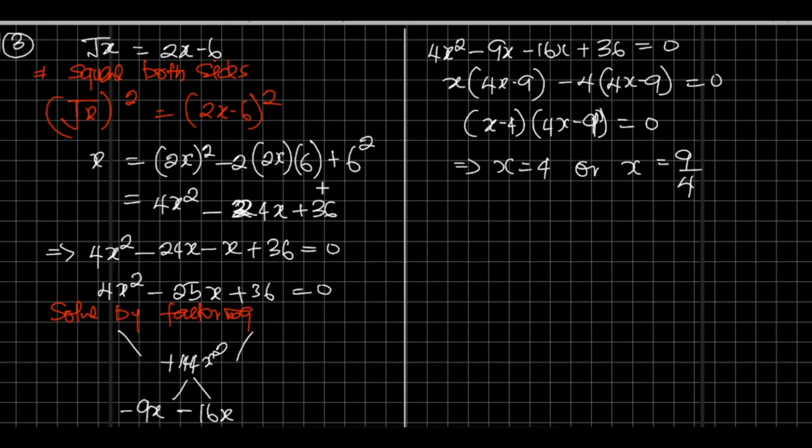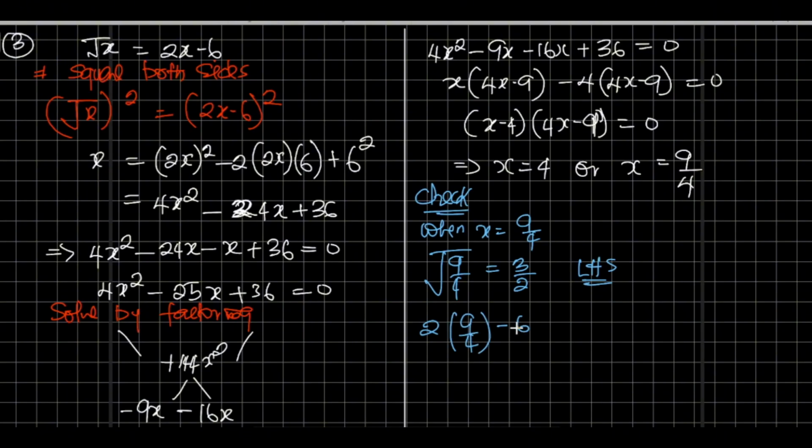Okay, so if we check, it is very important that you check because not all the solutions will satisfy the condition. So let's check. For when x equals 9 over 4, if we substitute that here, we have square root of 9 over 4, which is 3 over 2, and that is for the LHS, okay? So for the RHS, we have 2 bracket 9 over 4 minus 6. So 2 here, 2 here, 2. So that equals 9 over 2 minus 6.